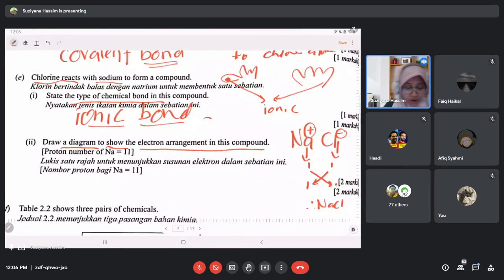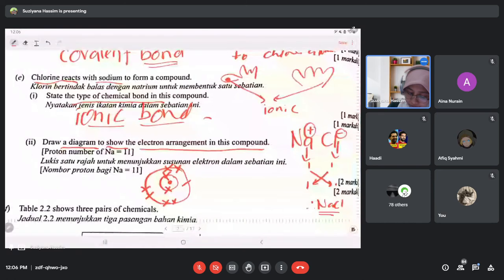Draw a diagram to show the electron arrangement in the compound. So you have 1 sodium and 1 chlorine here. So how to get the answer? 2, 8. Okay, 2, 8.